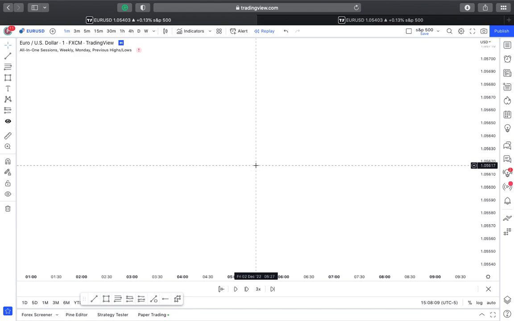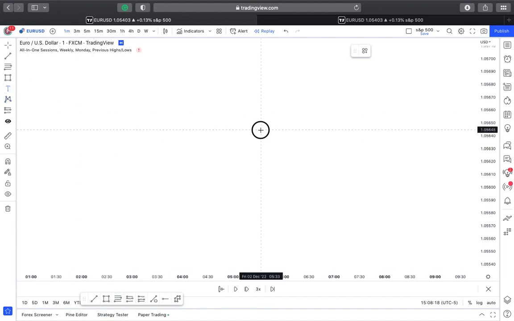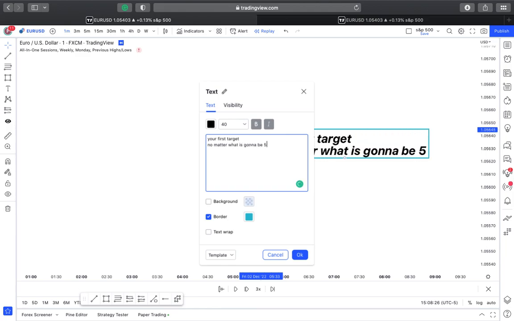So there was one guy that was still confused where to target. So what you're gonna do is your first target, no matter what, is gonna be 5R.